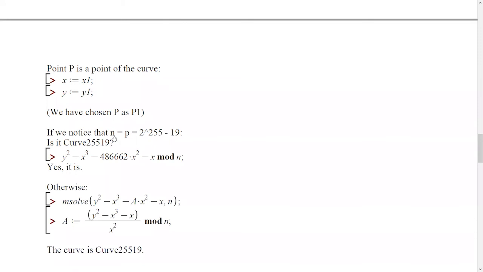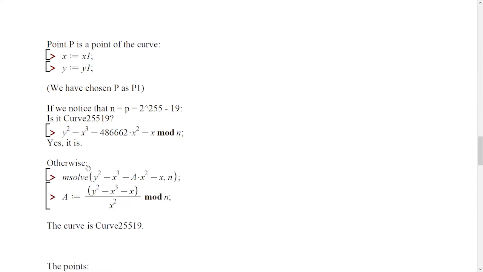We notice that n is equal to p is equal to 2 to the power 255 minus 19. So the question to ask is: is it curve 25519? We checked with the coordinates of point P, and the answer is yes. Otherwise, we would have to compute A.